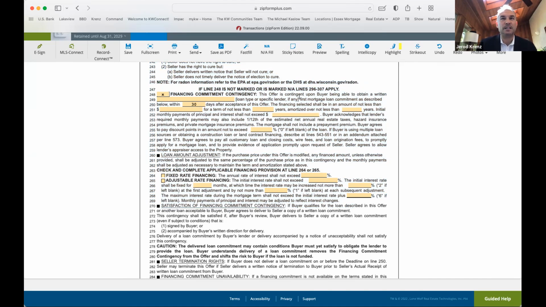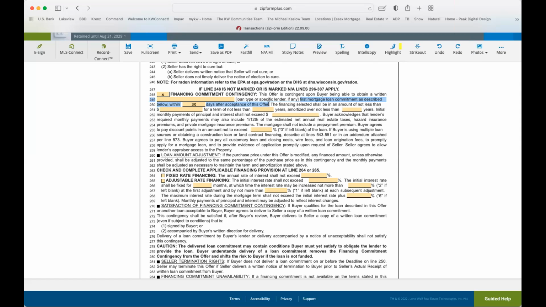Does anyone here actually know what full loan commitment actually means? It's just in first position for financing in case there's any subordinate financing? Yes, absolutely. And what it does is the loan officer needs to provide a letter of commitment. So a commitment to the financing of this property.